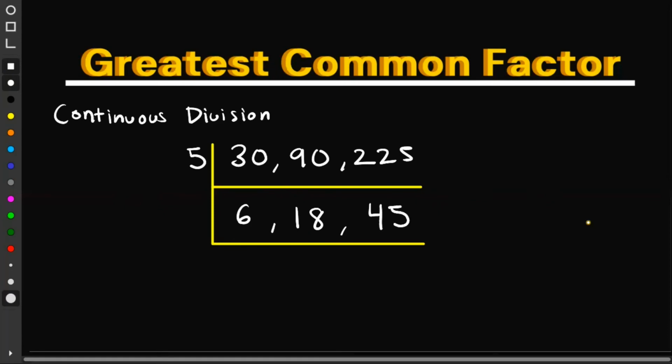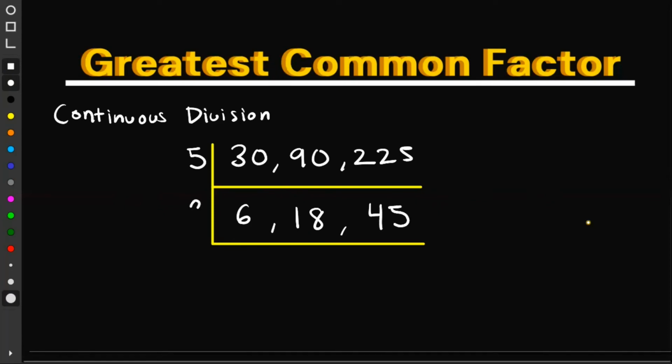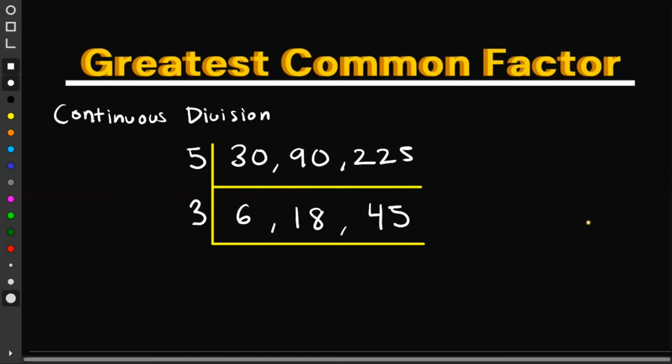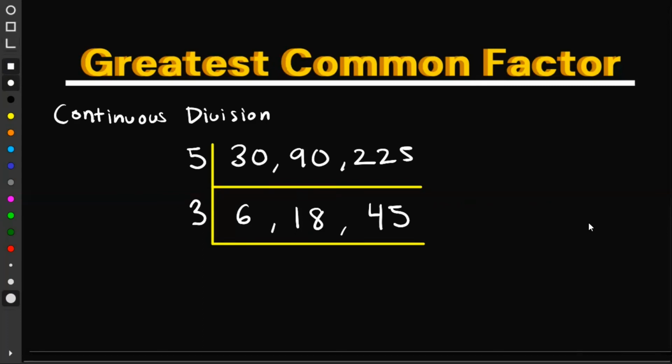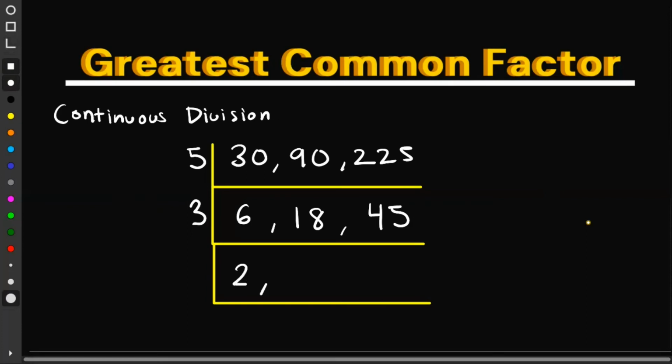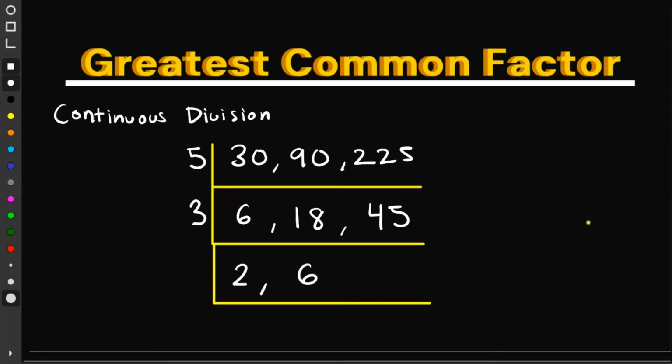Now what else can we factor in here? We can also factor 3, since all these are divisible by 3. Clearly, 6 is divisible by 3. 1 plus 8 is equal to 9, so that is divisible by 3 by the divisibility rule. The same goes for 45. So we have 2, 6, and 15.